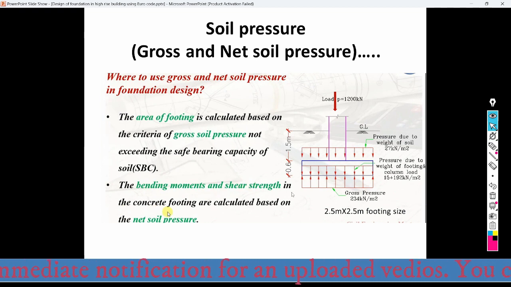The bending moment and shear strength in concrete footing are calculated based on the net soil pressure. So take care here. The size of the footing can be calculated based on the gross soil pressure, and this is a serviceability limit state requirement.